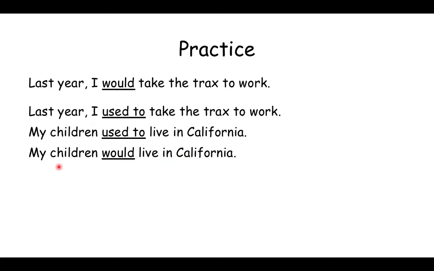This sentence, my children would live in California, we know that's not correct, because we can't use the verb live or things that involve how you feel, or a fact like I live here or I work there. Those don't really work with would.